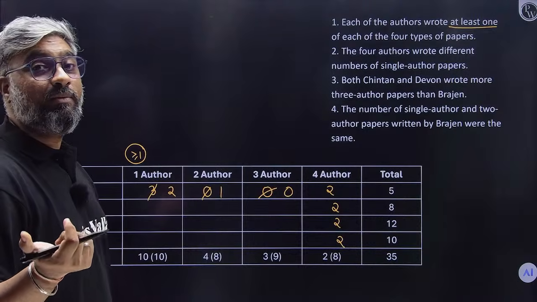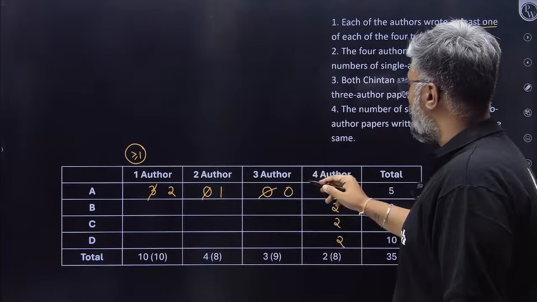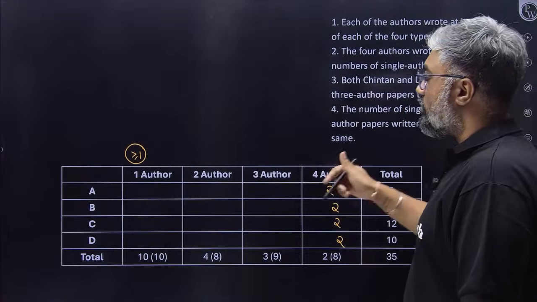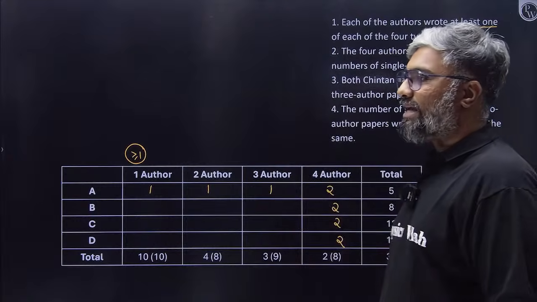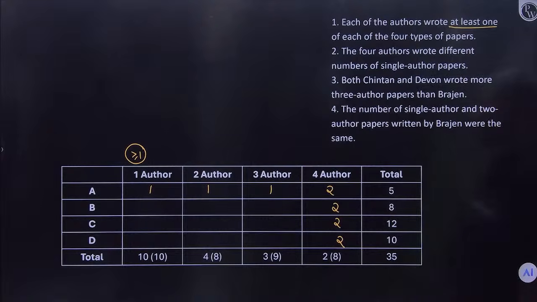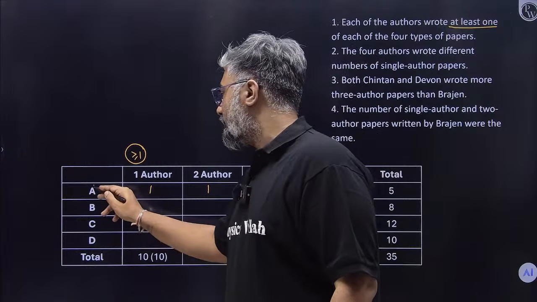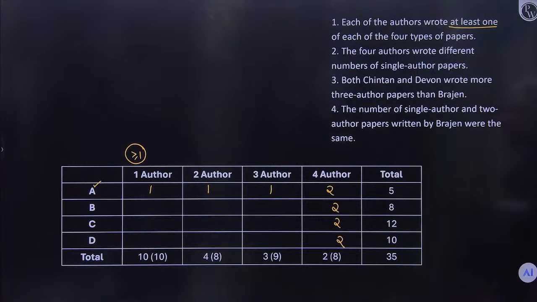Again not possible. Why? None of these values can be 0. So then the only possibility for A contributing in each of the papers is what? 1, 1, 1. Yes. Perfect. A was the easiest to fill. Perfect. Beautiful. Very nice.